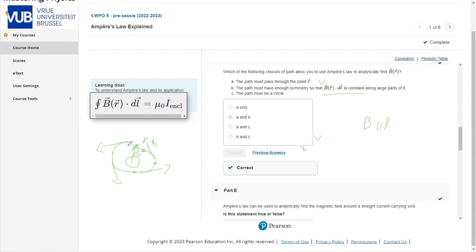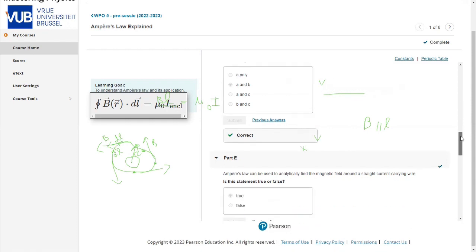So basically, this segment of my length is in the same direction as B. So you can also say that this one is equal to B times L, and then you can say that it is equal to mu null times I, just like that. Okay.